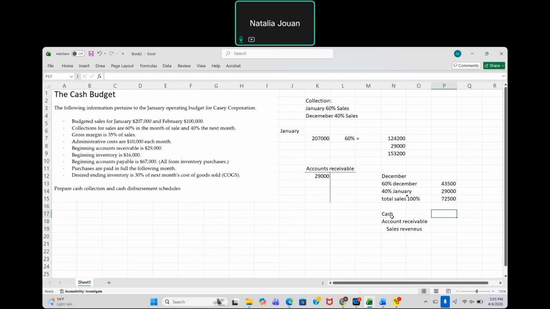Okay, so December, you will be collecting 43,500, 29,000 will go on receivables, and your total sales revenues will be the total amount. Okay, so where is this 29,000 coming from? From this entry right here that you made in December. You're gonna debit the account receivable, which you're going to collect in January. So this is your December entry right here. So leave a little bit more room.